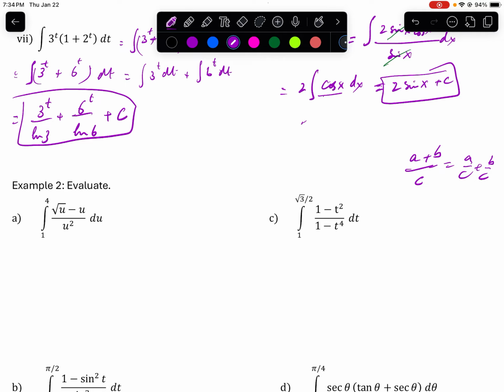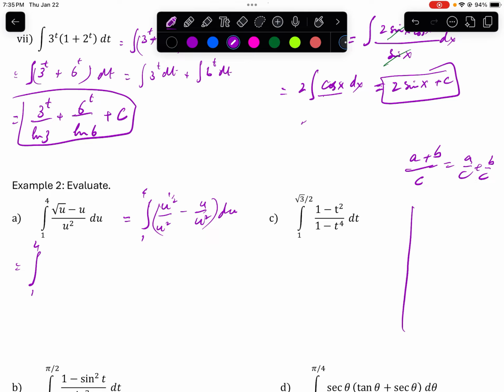So you can write it as the integral of u to the 1/2 over u squared minus u over u squared du, and the integral is going from 1 to 4, which is equal to the integral from 1 to 4. Now we simplify the power. So what do I get here?